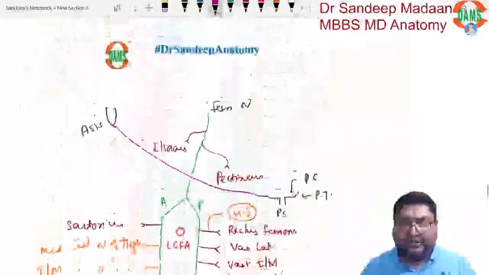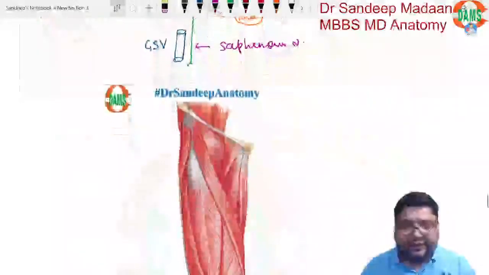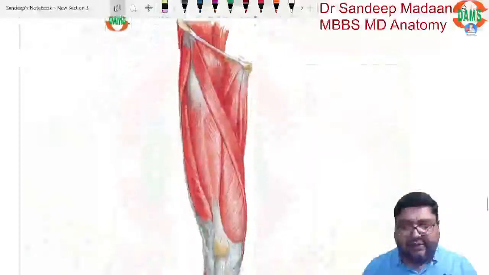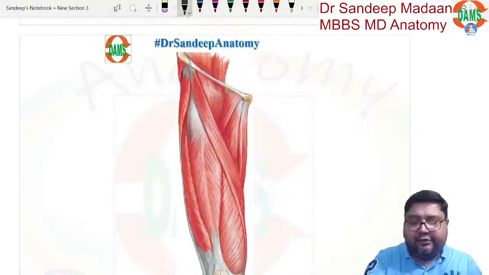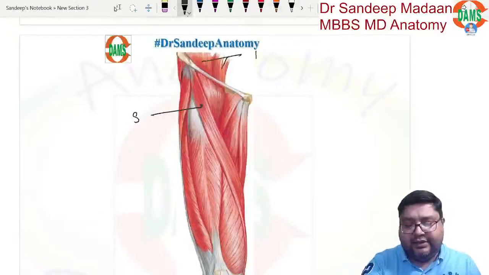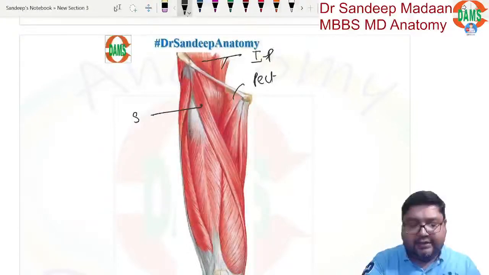Okay, we have already seen the branches. Now let us identify the remaining muscles over here. Dear friends, a few moments back we discussed this is sartorius, these two are iliopsoas, this was pectineus, this one was adductor longus, and this one was gracilis.